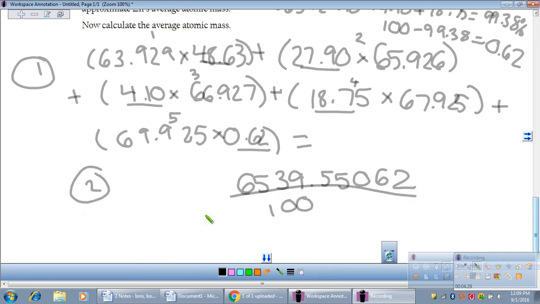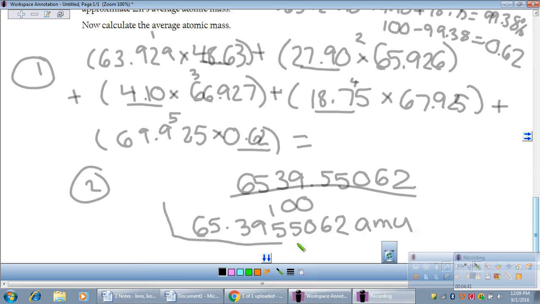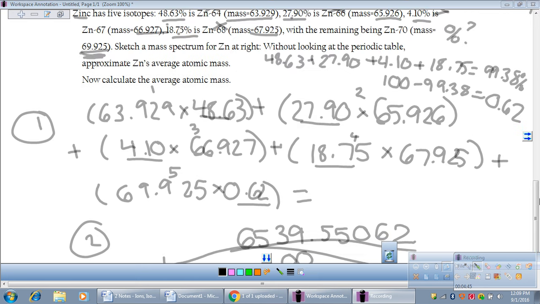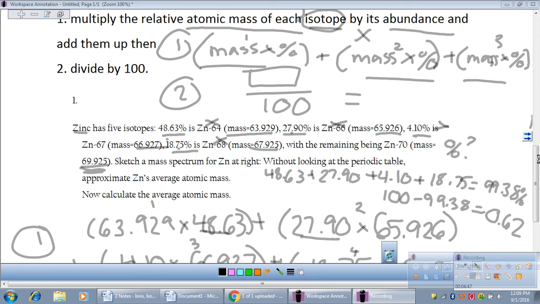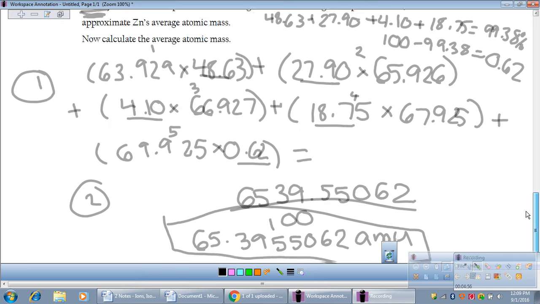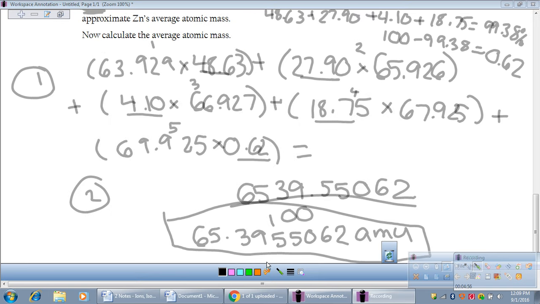So my final answer is 65.39550062 atomic mass units. That is my average atomic mass, because I had 5 isotopes. I took the mass of each isotope, multiplied by the percent abundance of each isotope, added all those up, got my large number, and divided by 100.